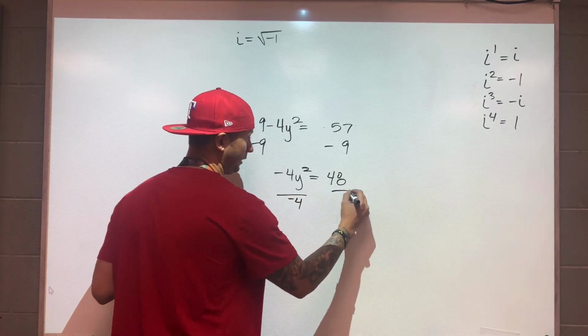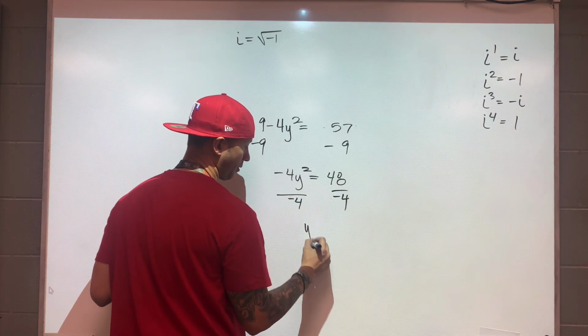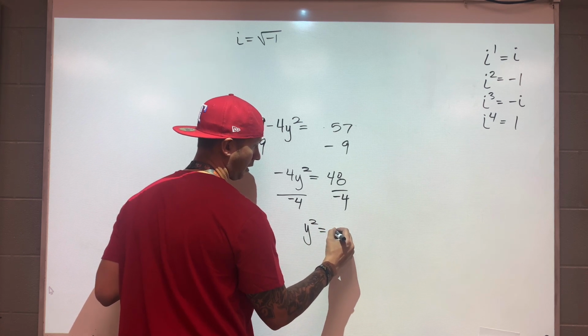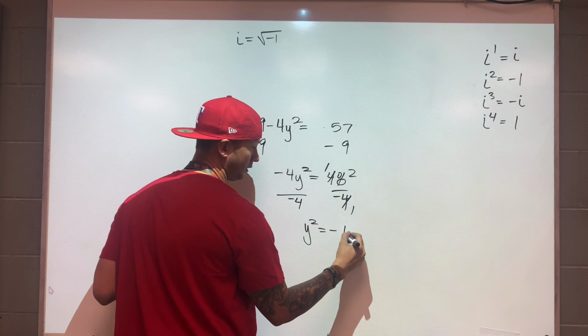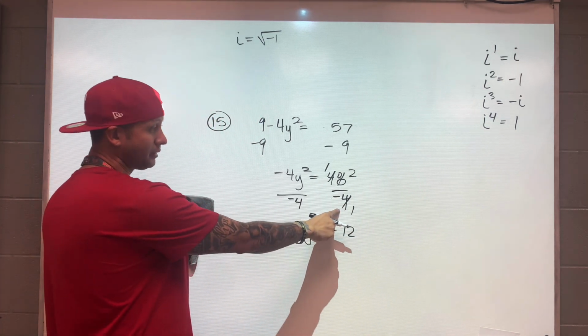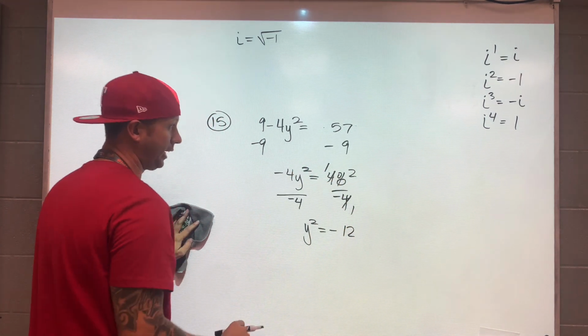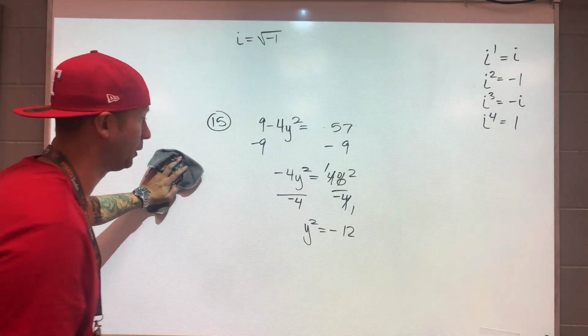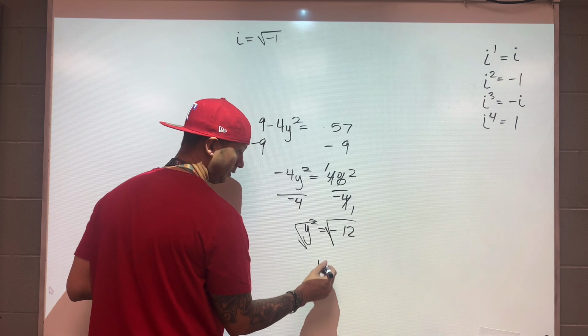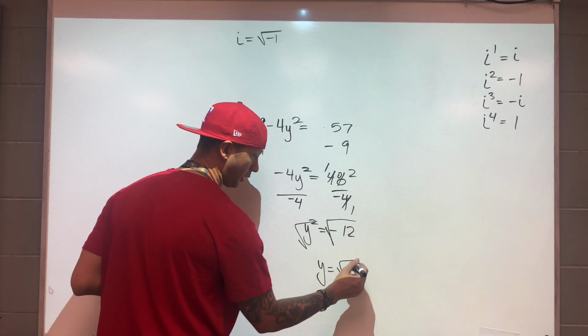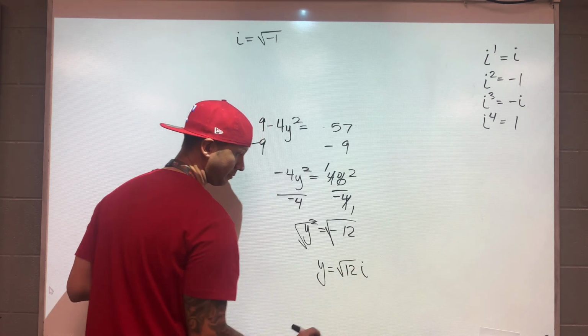Divide both sides by negative 4. y squared is equal to negative 12. So 4 goes into 4 once, 4 goes into 4 once, 4 goes into 8 twice, so negative 12. Taking the square root because I want to solve for y. y is equal to the square root of 12i.